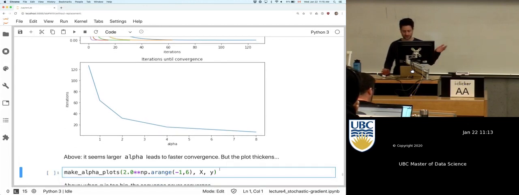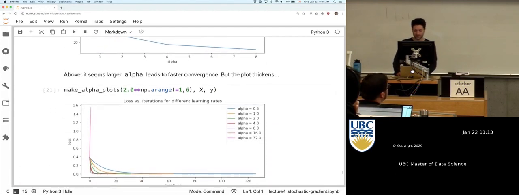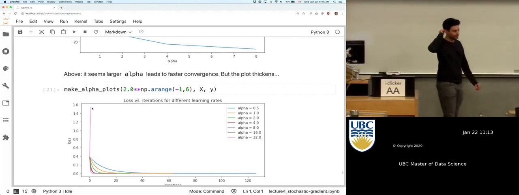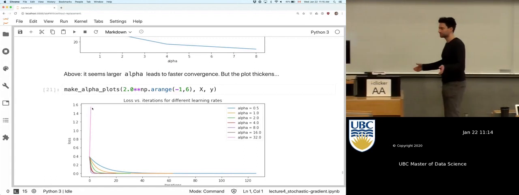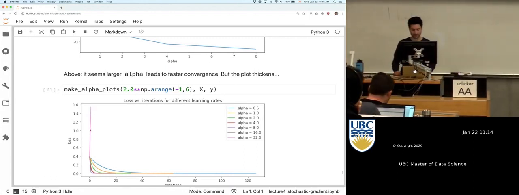But now, and I've already kind of primed you to know what's going to happen, but I want to look at the plots anyway. As I increase alpha further and make it too big, I get this thing over here, which is the loss actually going up versus iterations, and then it's not even plotting anymore. It's probably reached inf or NaN, or one of those things that's not even plotting.